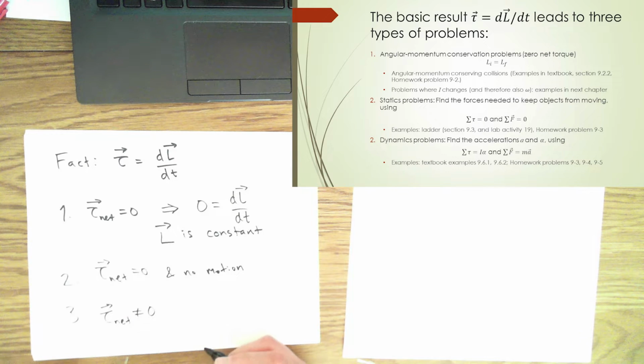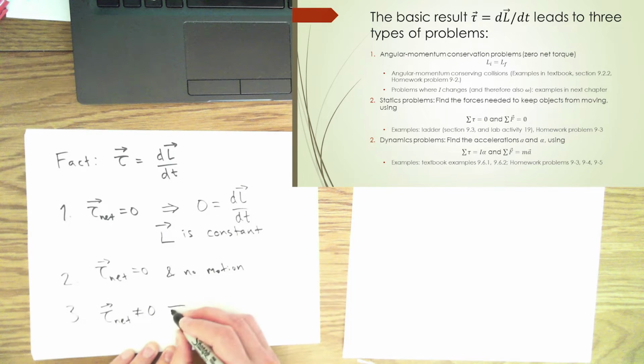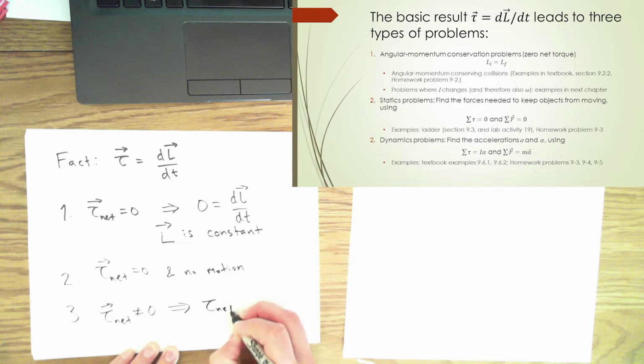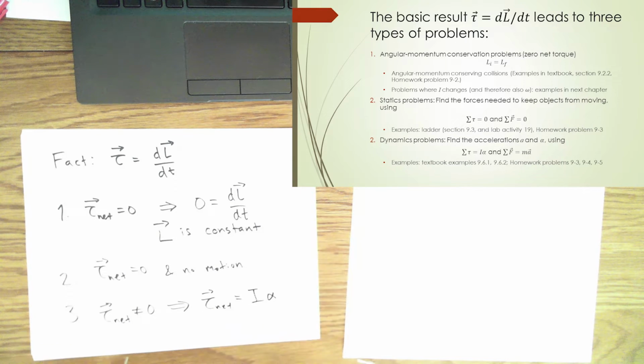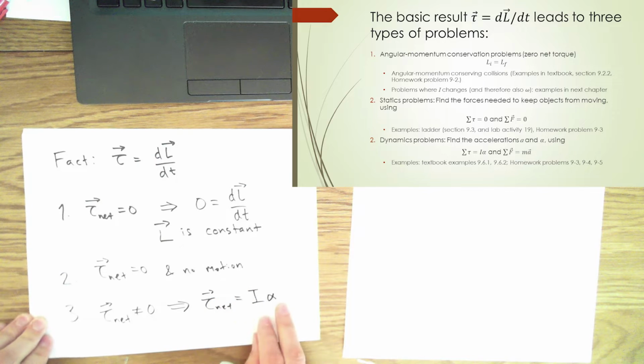Just like F equals ma, if tau is not 0, then tau equals I alpha, where I is the moment of inertia and alpha is angular acceleration. We'll do an example of that too. In these kinds of problems, we need to figure out things like the angular acceleration. There is motion for sure in these problems.